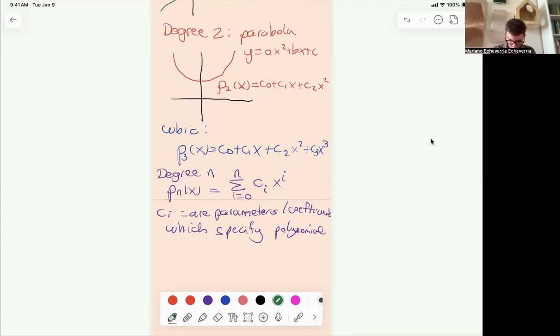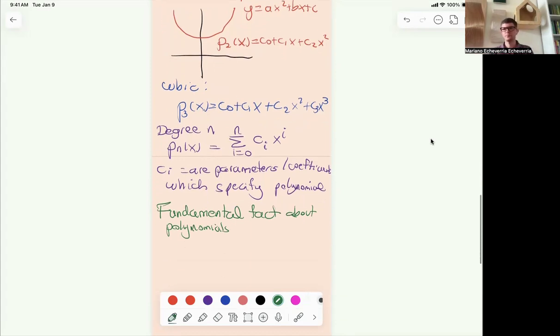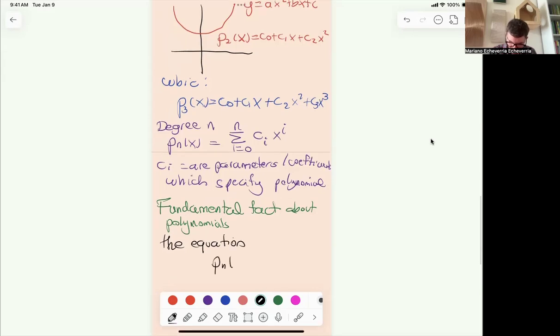It is that if you have a polynomial of degree n, then the equation p of x equals 0, right?